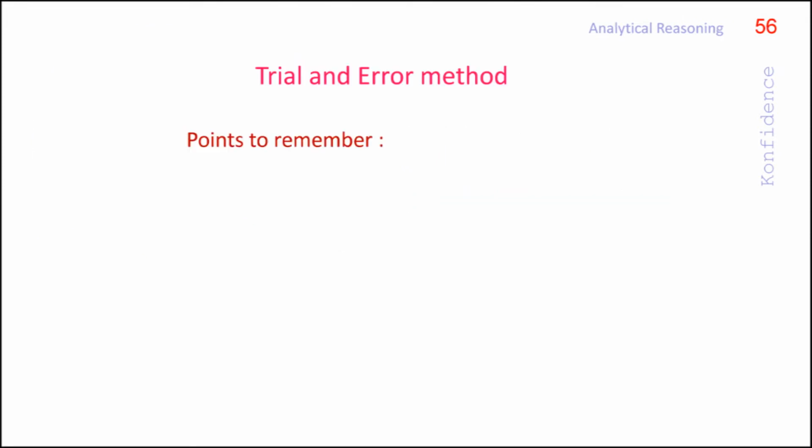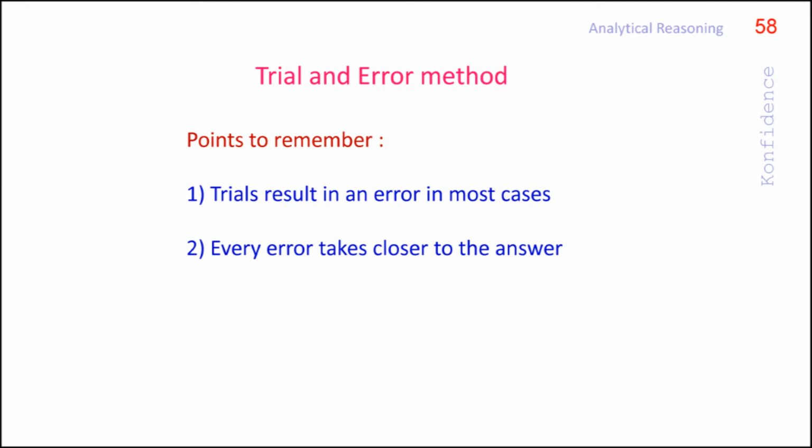Here, there are a few things that you need to know. 1. In most cases, the trials will result in error. You should be willing to accept it. Second, every error will take you closer to the answer. So do not stop the attempt if you do not end in the right answer immediately.